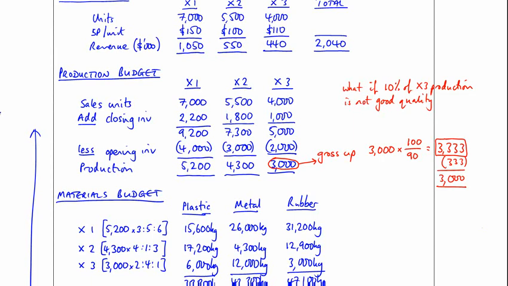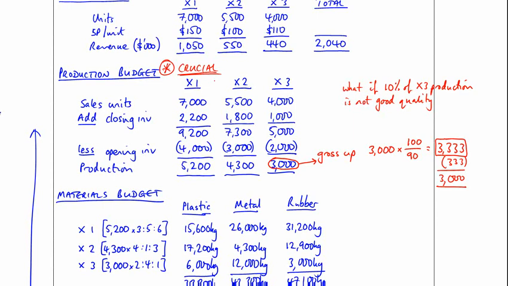But I would say to you, probably the most important one to get comfortable with is the production budget, because everything else kind of flows off that. Do be prepared for these exam questions to take a little bit of time, so don't be surprised if you take 5 minutes to do one of these, which is why they're probably best left towards the end of the exam when you're not feeling under quite so much pressure.